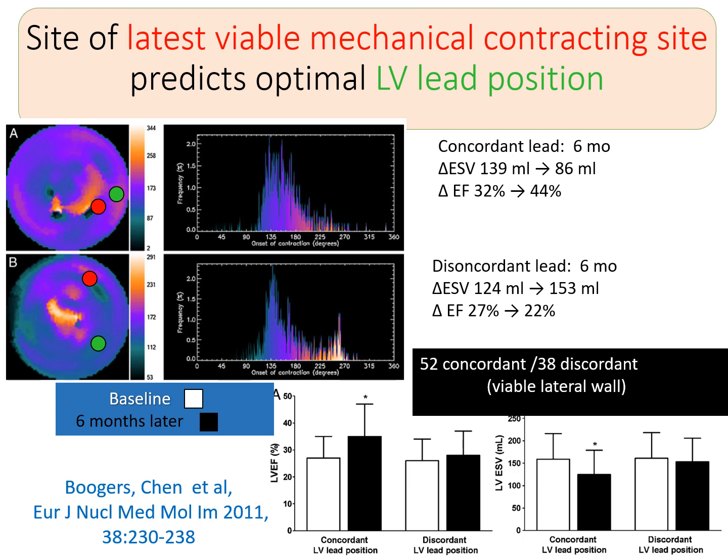So over time, the work of many labs, including Dr. Bax's lab, and in this case, working with us, looking at the implementation of phase analysis, it's been recognized that putting the lead in the left ventricle in a region that is viable, and particularly in one of the last viable regions to contract, will give you the optimal results.